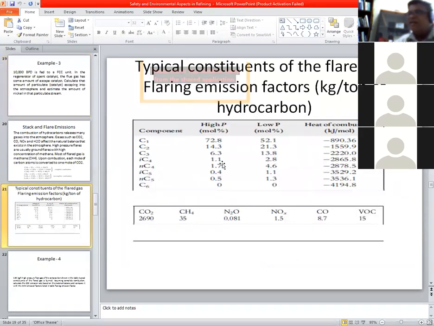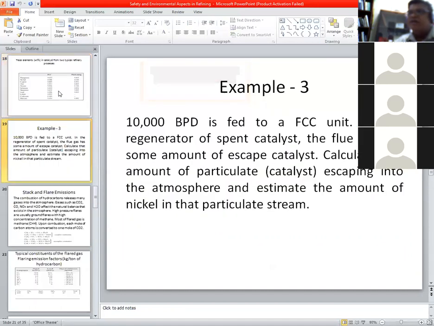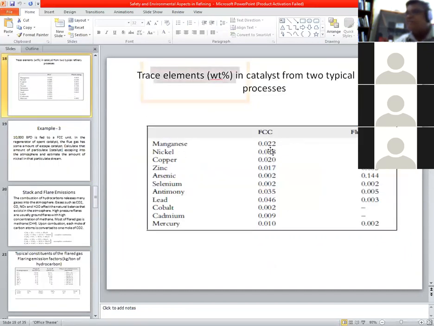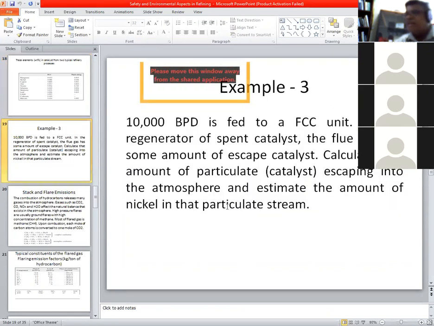So see here, nickel percentage. We have to take directly from here nickel, because we have to calculate the nickel amount in the particulate. So two things we have to calculate here.